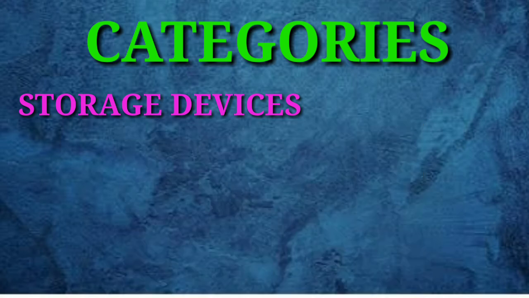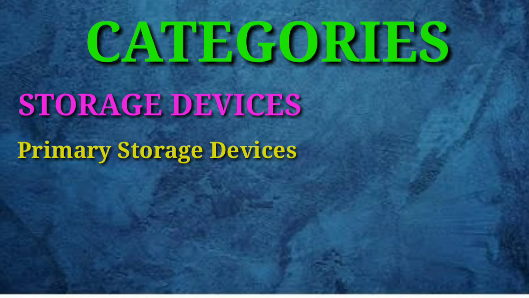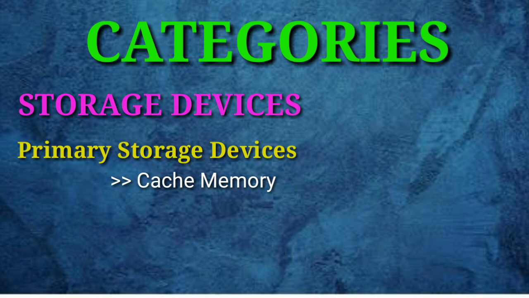Primary storage devices are quite small in size and are designed to hold data for a temporary period. Most primary storage devices are found inside the computer and they have the fastest access to data. Examples of primary devices include cache memory and RAM.